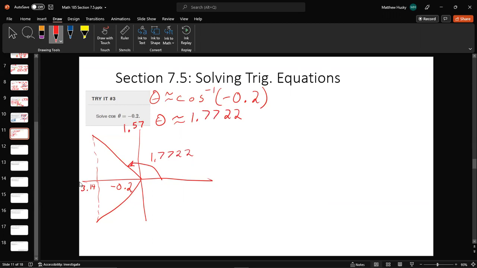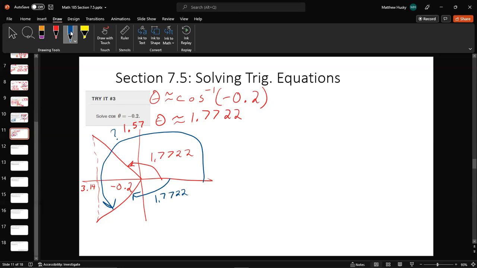Now, if we want to find this angle here, so our goal is to find that angle. That's what we want to find. Now this going the other direction will also be 1.7722.